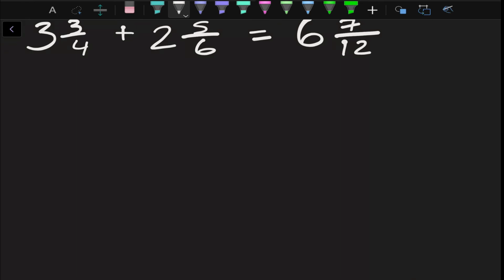We're going to add our whole numbers, so 3 plus 2 is 5, and then I'm going to add our fractions.